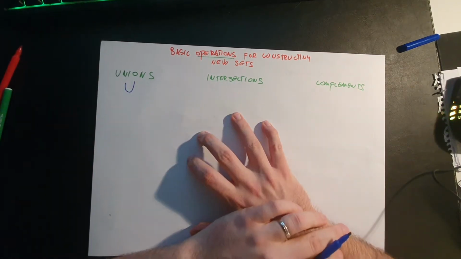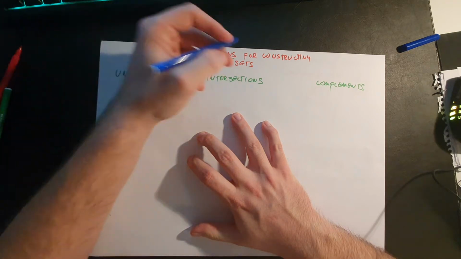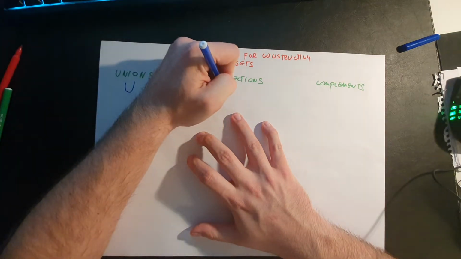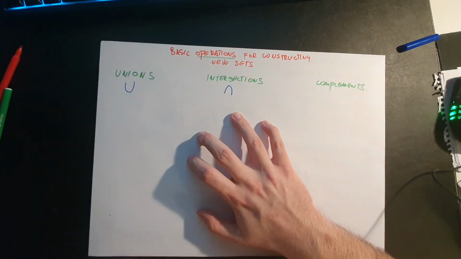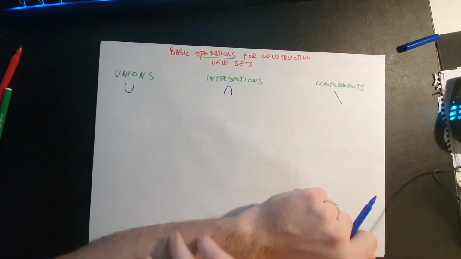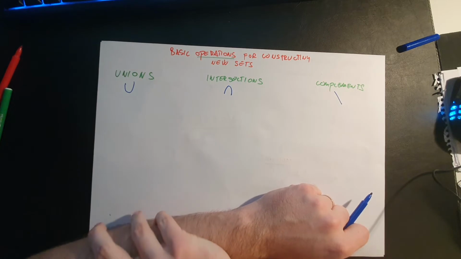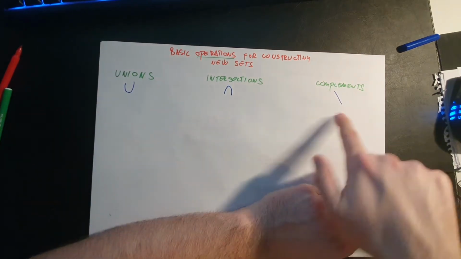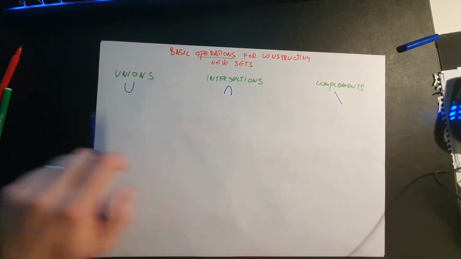Intersection is going to be, let's say, a U upside down. And complement is going to be this operator. So these are the operators that we use: union, intersection, and complement.